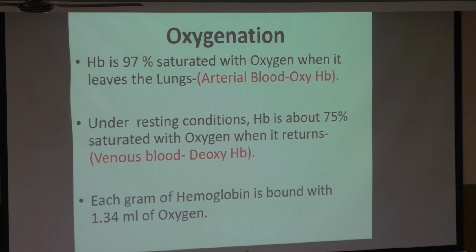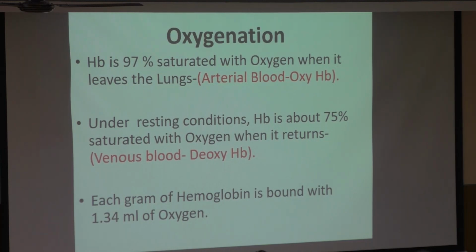And how much hemoglobin is present in our body? 14 to 16 gram per deciliter. So how much does it come to in ml? 1.34 times 15, around 20. So 20 ml of oxygen will be carried by 100 ml of blood. So that much is there.